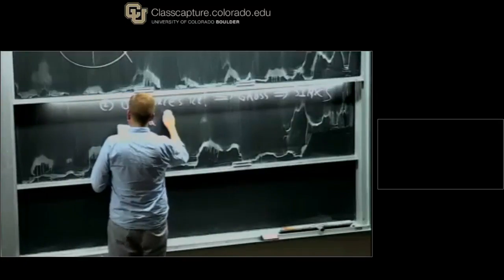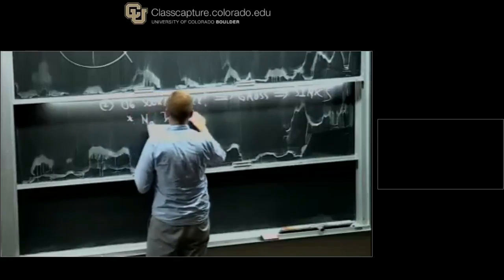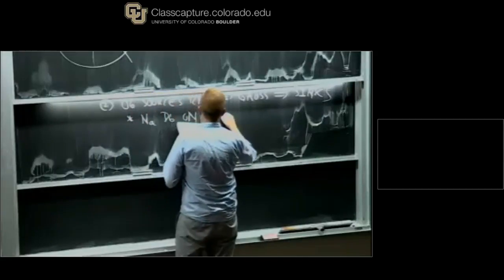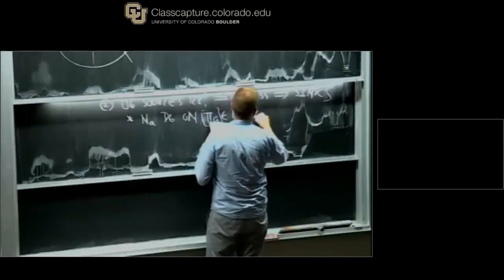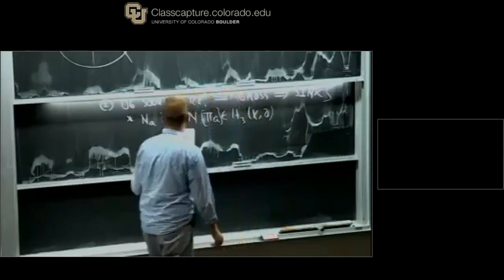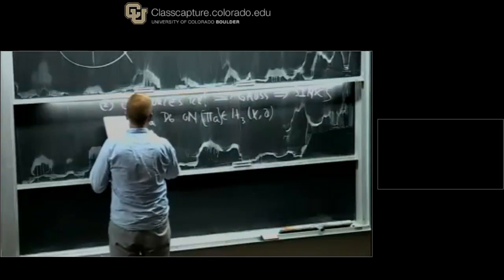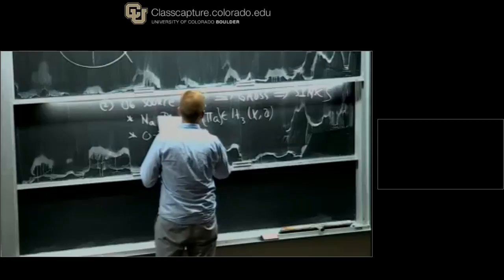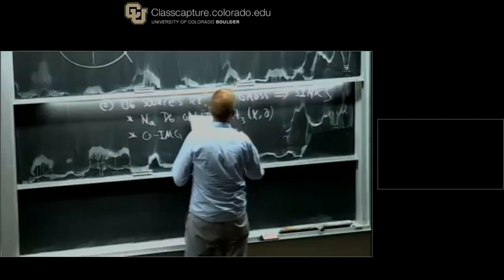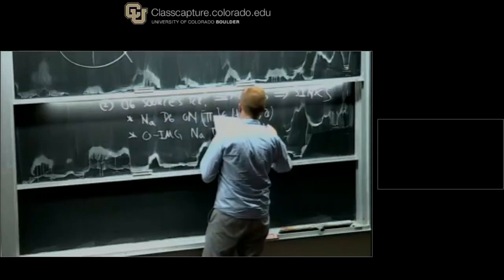I'm going to have N_A D6s on pi A. Their homology class is sitting in H3 of X, Z. There are orientifold image branes, N_A D6 on pi A prime.